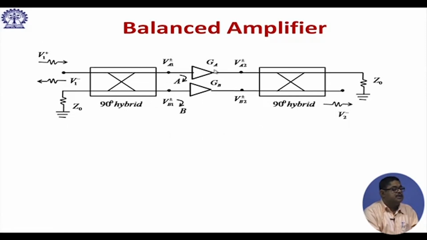I have two transistors, their gains are GA and GB, and I am applying V1 plus to the input coupler port. Obviously, V1 minus goes out here, but I will get signals both here and here. This is the through port, this is the coupled port.